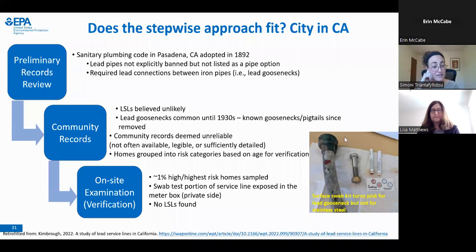And then they swabbed a portion of the exposed service line to be able to say if it had lead service line or not. And here you can see a photo of the swab kit, where it changes color to pink in the case of a lead gooseneck, but not for the case of stainless steel.